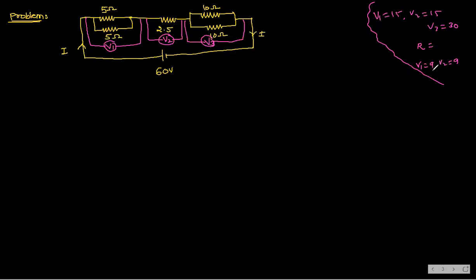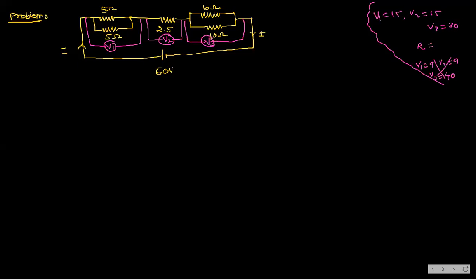V1 9, V2 9 and V3 40? This is wrong. 9, 9, 40 is wrong. V3 is 30, sir. 15, 15, 30.